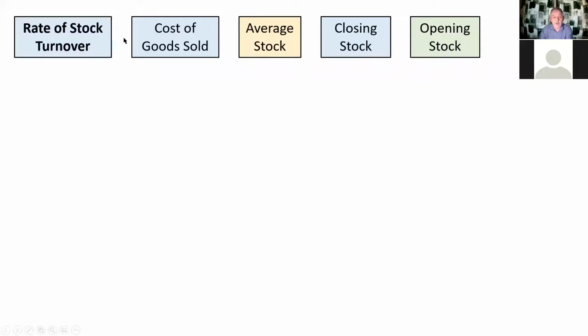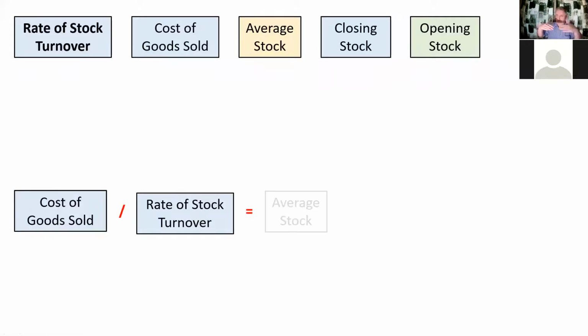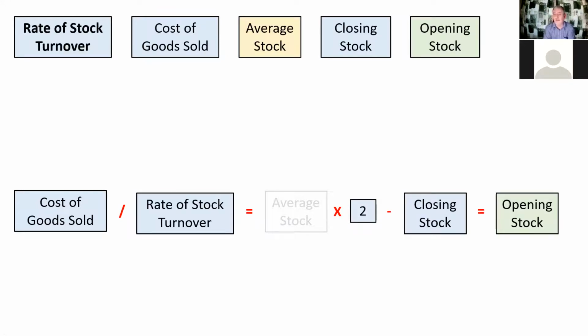Similarly for the rate of opening stock. We tend to do this formula that finds average stock, and we do it because we've seen it laid out like that in the marking schemes, and we think that's the way to work. But if you just lay it out in a calculator straight across, cost of sales, which you have, divided by rate of stock turnover, gives you average stock.